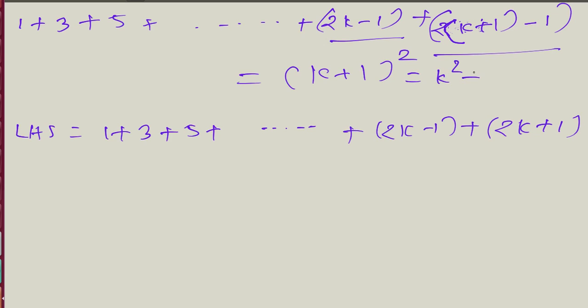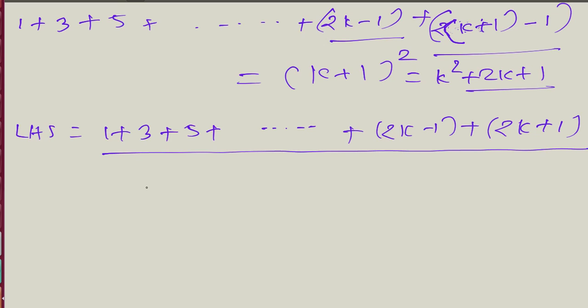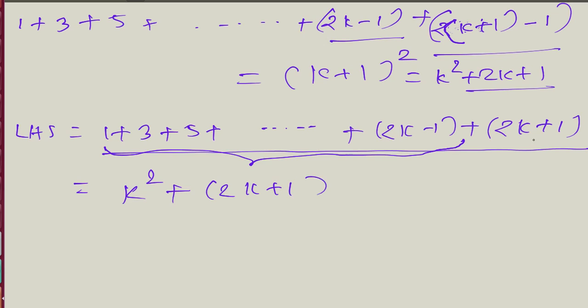It is nothing but k² + 2k + 1. Now from the hypothesis we know that this term is equal to k², so we substitute k² for this. So we have k² + 2k + 1, which is nothing but the RHS. That's what we wanted to prove.